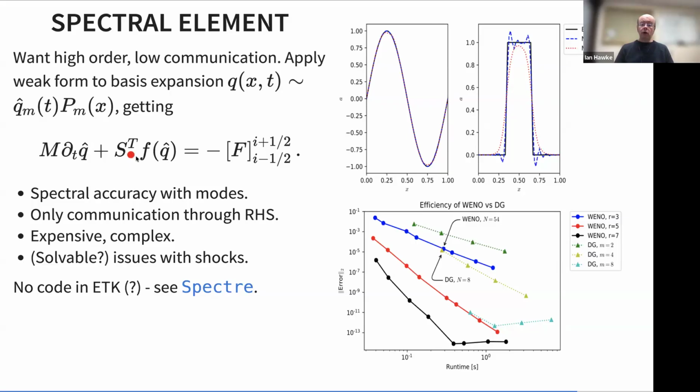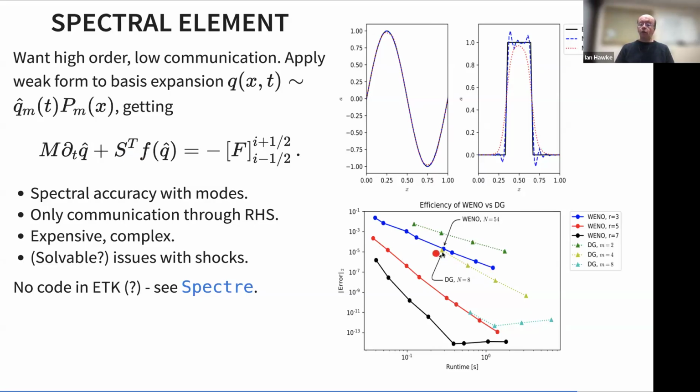So if you're working on a single processor, working with simple, smooth problems, then actually the advantage of these methods is not so huge. This runtime versus error plot here has DG methods using dashed lines, and WENO methods using solid lines.